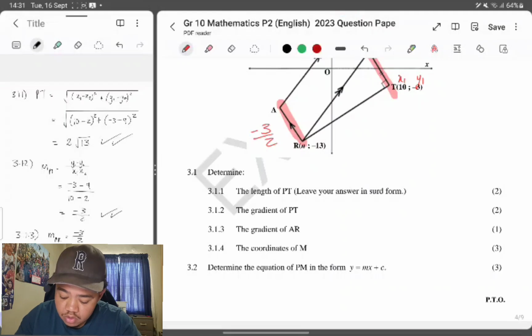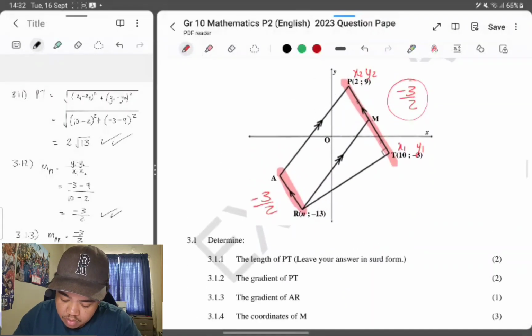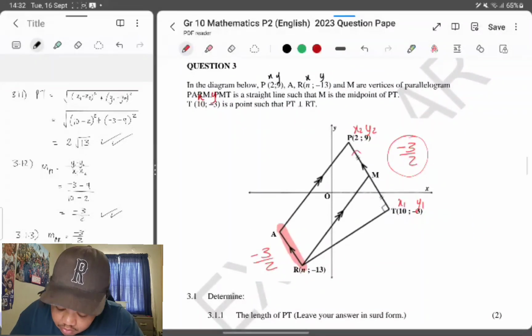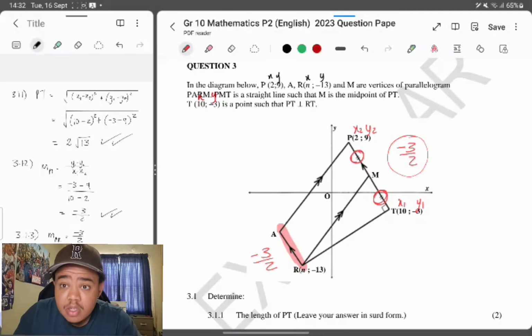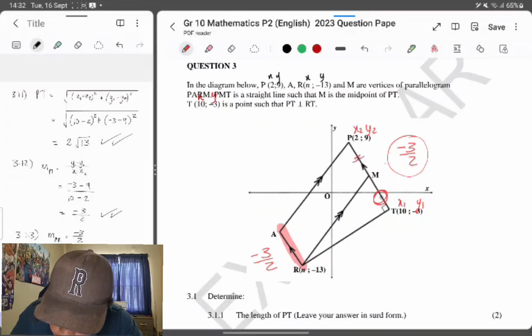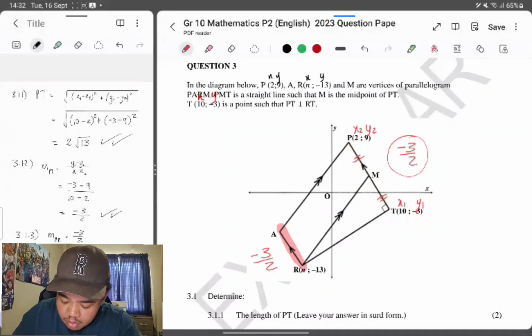Question 3.1.4, the coordinates of M. Okay, so we need to find what the coordinates of M is. You'll notice that those two lines have the same two little dashes. That just means that this length will be the same as that length there, meaning M is our midpoint.